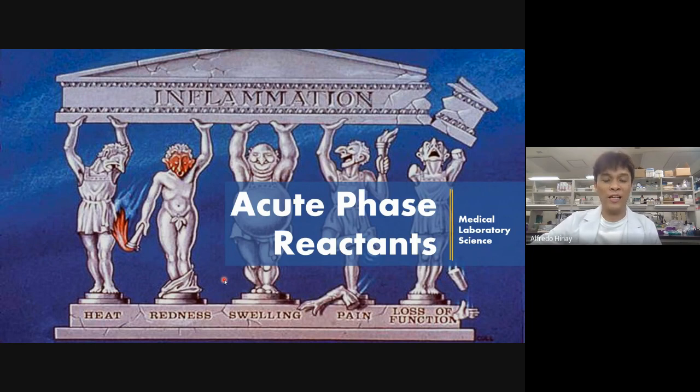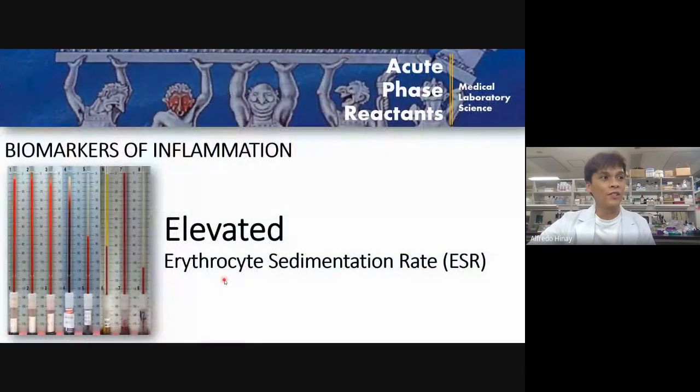So now we'll try to cover your acute phase reactants, guys. Your acute phase reactants are biomarkers of inflammation. Among other parameters, we have ESR. If you're not familiar with this, you will perform this in your hematology 1 or hematology 2.